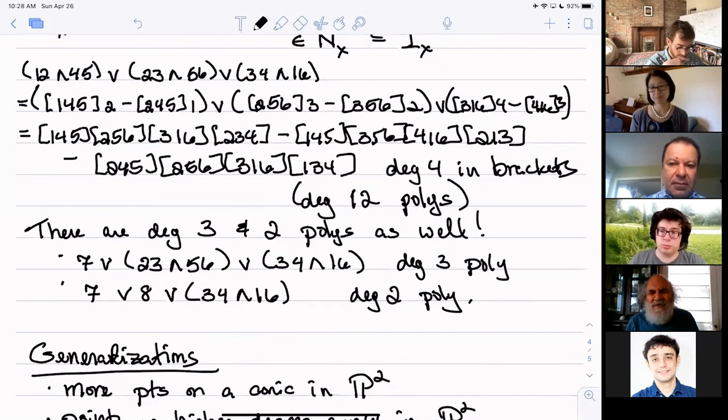Given an arrangement of points, if it's not in general position, there'll be some dependencies. That's right.